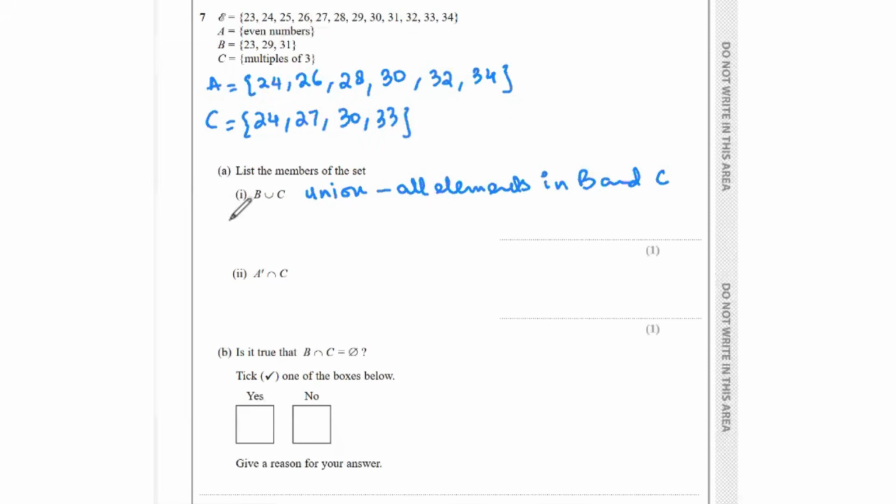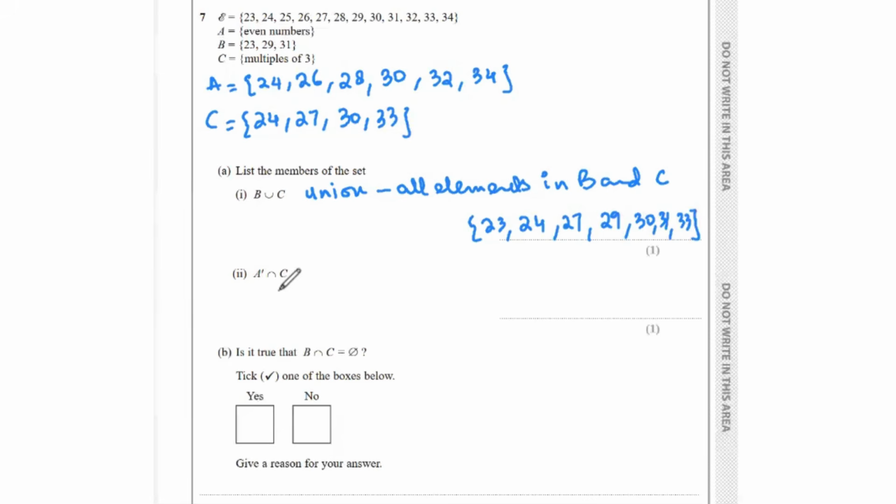So B union C would include all the elements in B and C. So that's going to be 23, 24, 27, 29, 30, 31, and 33. In case an element was being repeated in both of them, you would only write it once, not twice.